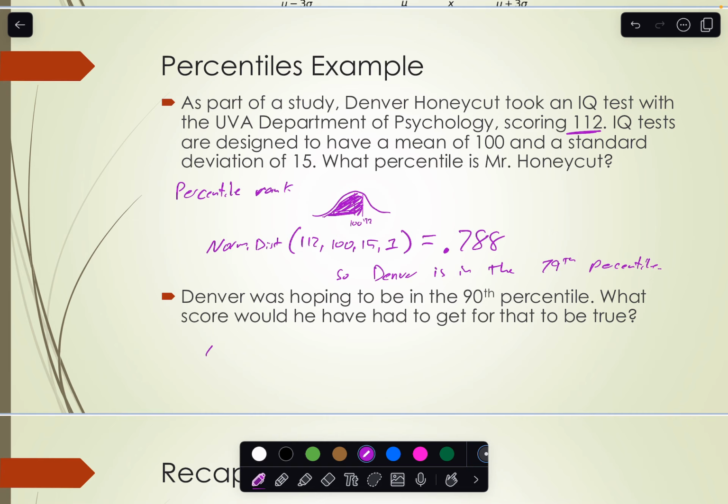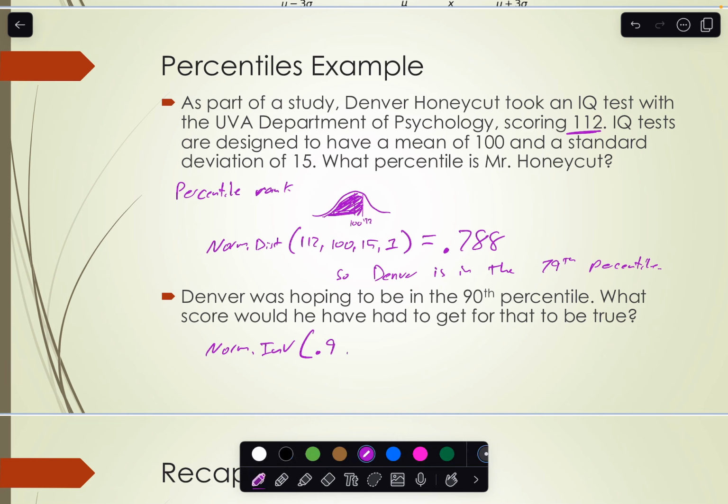So for this, I'm going to do norm.inv. I want to find what x value will give me an area to the left of 0.9. That's the 90th percentile.